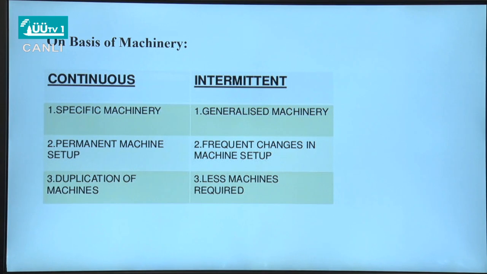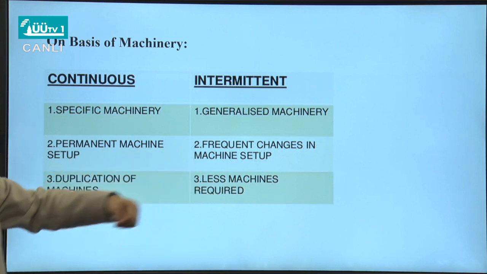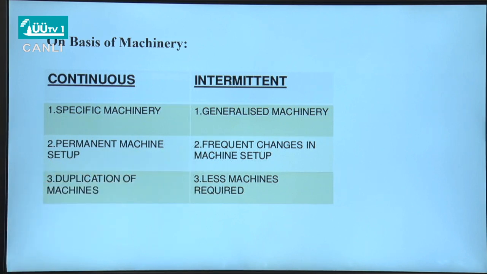And at the continuous side with respect to machines, the duplication of machines can be seen, and in the intermittent manufacturing system, fewer machines are required.